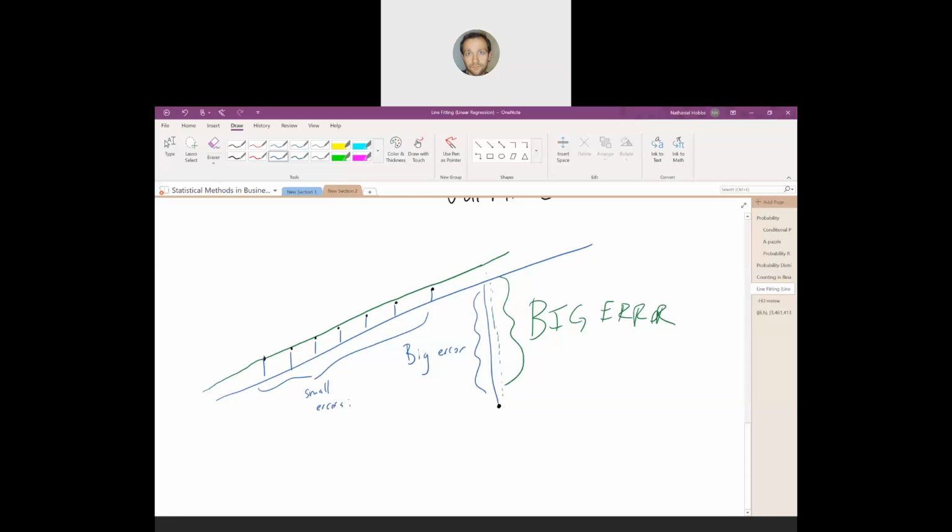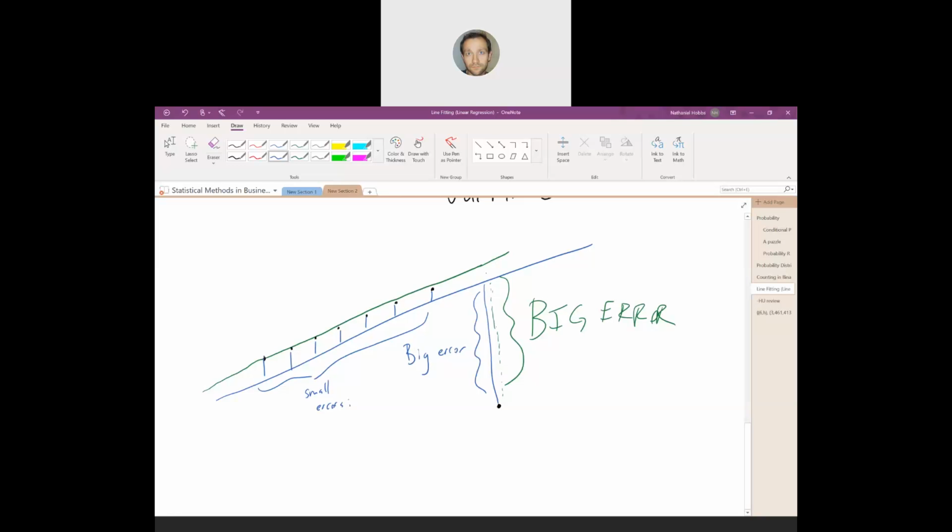So this is like an extreme example, but hopefully it illustrates the point. The goal isn't to hit as many points as you can.